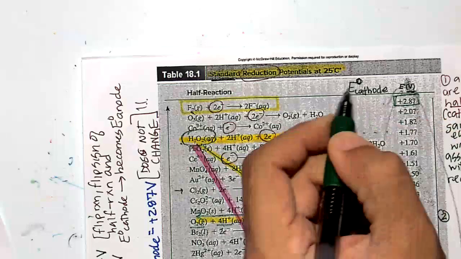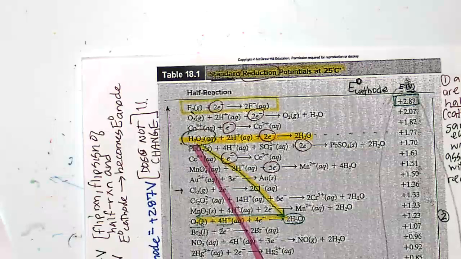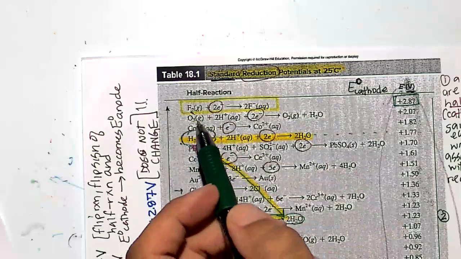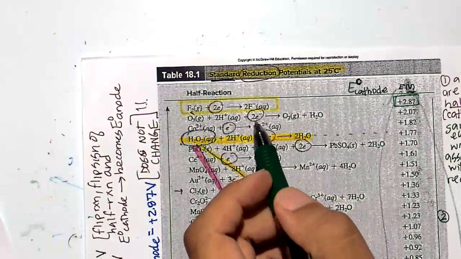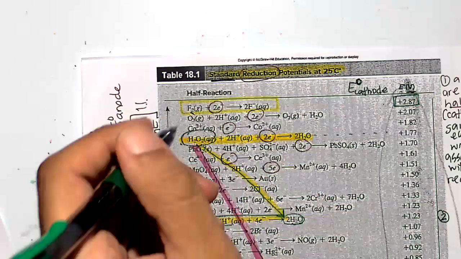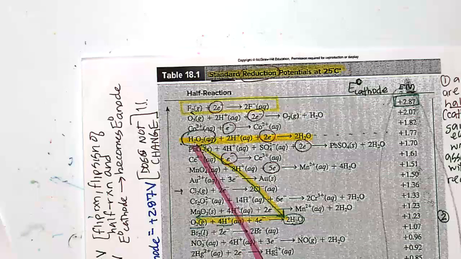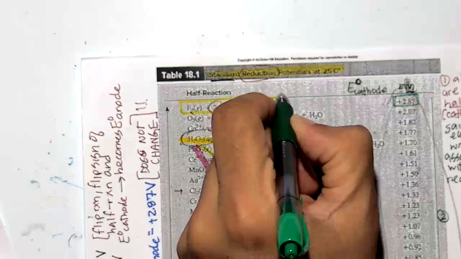Do you see it? So what do you think this half reaction favors, the products or the reactants? Products, very good. So this is a very spontaneous half reaction, F2 gas gaining 2 electrons to 2F minus. So we call this the best oxidizing agent.